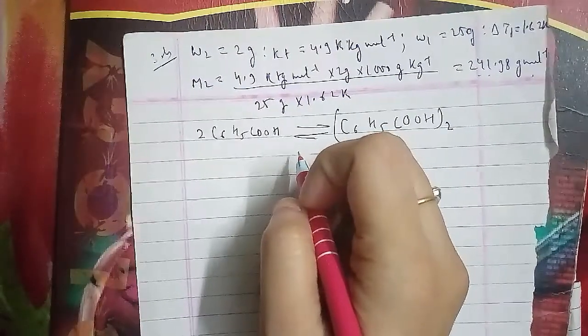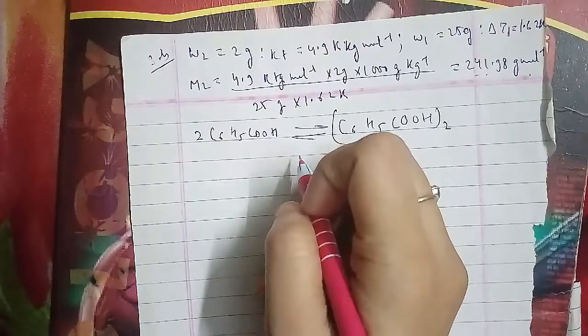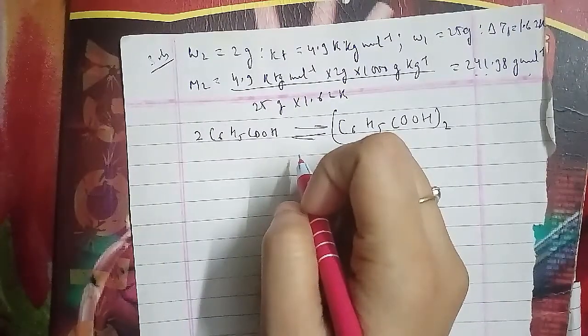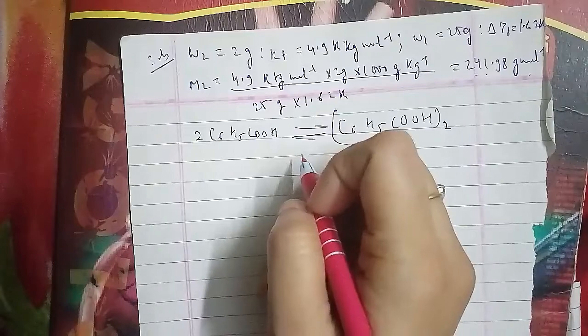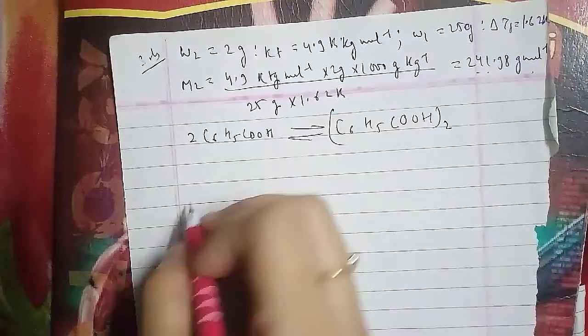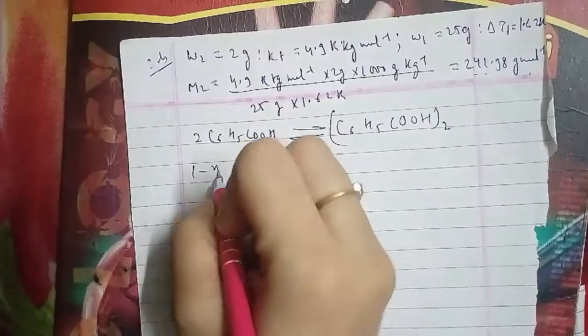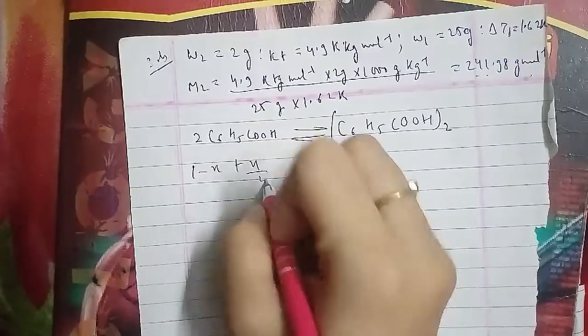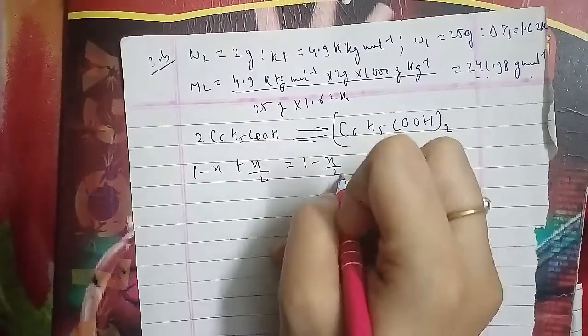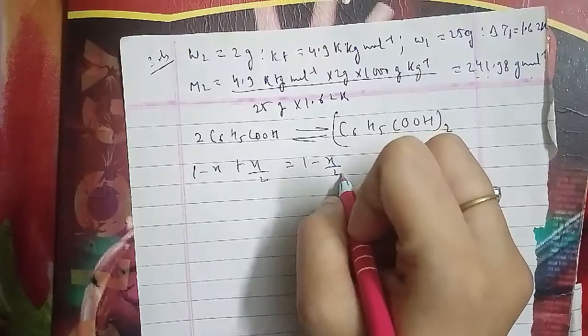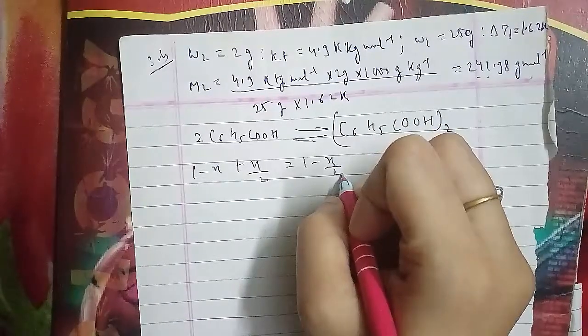Therefore the total number of moles of particles at equilibrium is 1 minus x plus x by 2, equals 1 minus x by 2, and this equals the van 't Hoff factor i.